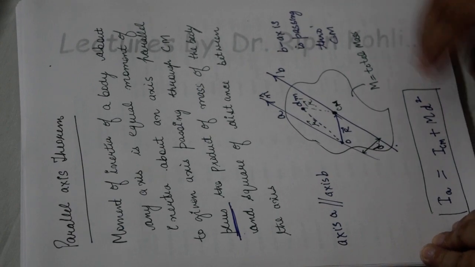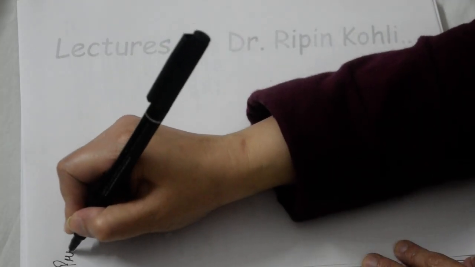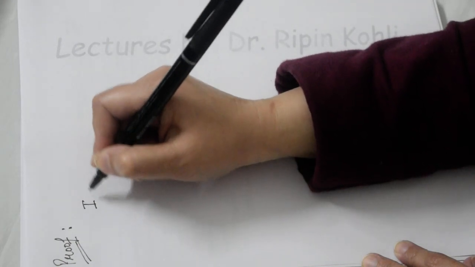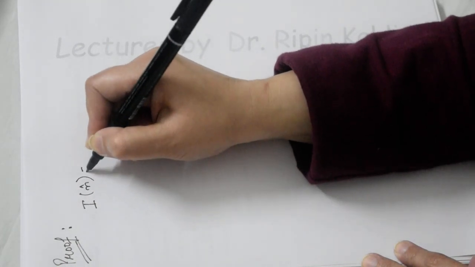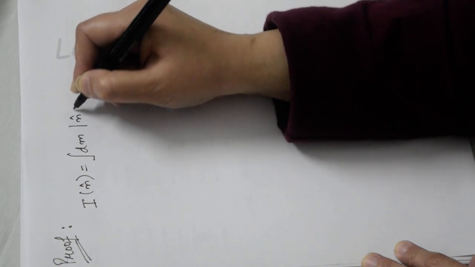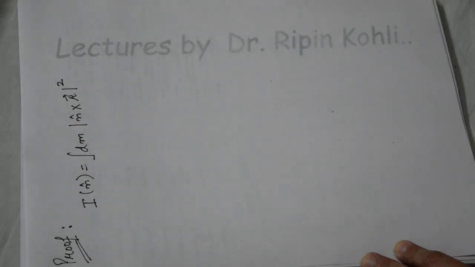So moving towards the proof, remembering the formula of moment of inertia, dm times (n cap cross r) square.